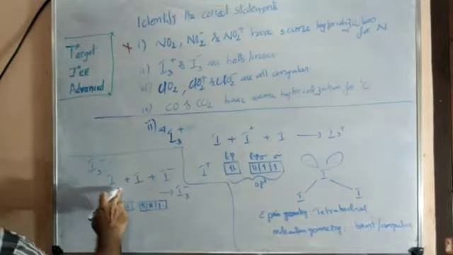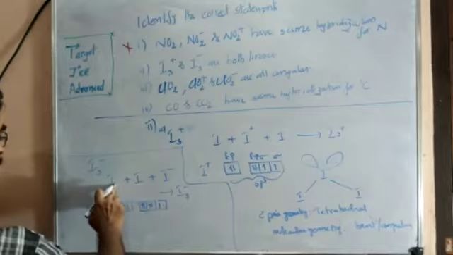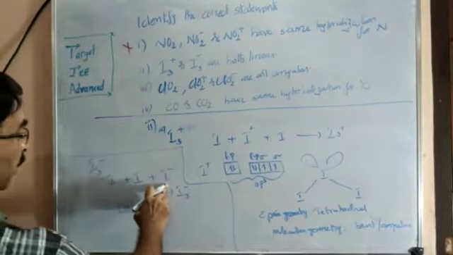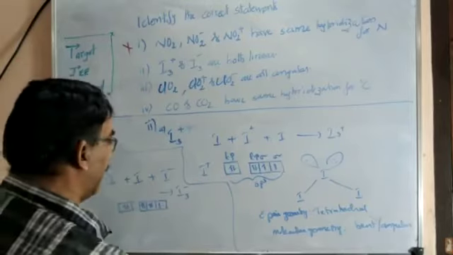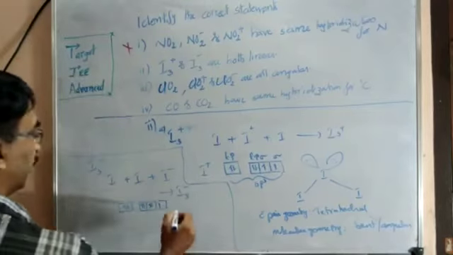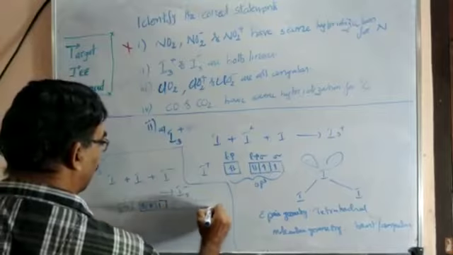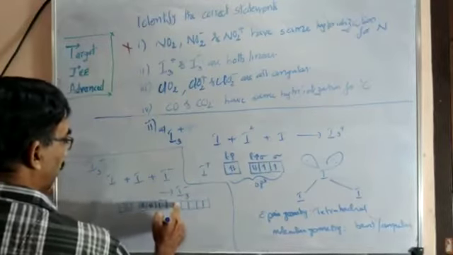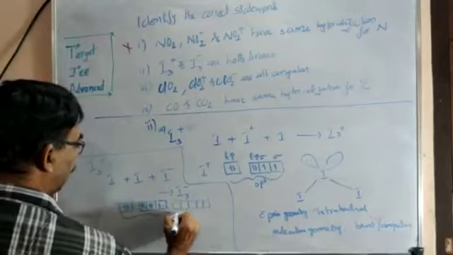So by using this unpaired electron, this central iodine can form a bond with this iodine. So it wants to accommodate a lone pair of electrons donated by a second iodine. So it has to make use of the vacant d orbital. This orbital it makes use of. So sp3d.